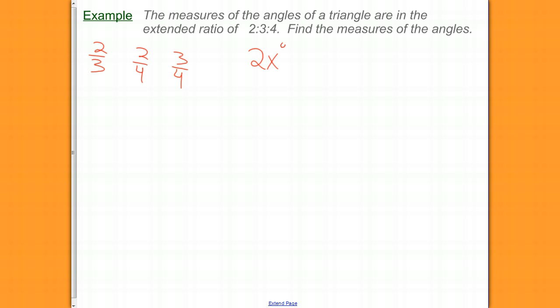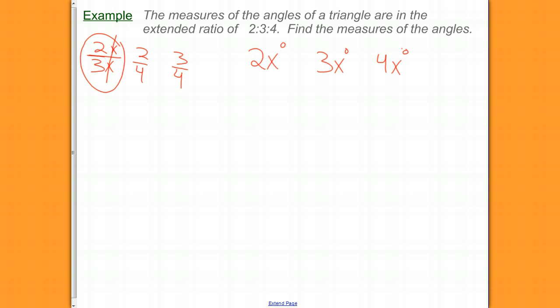So one angle was 2x, one angle was 3x, another angle was 4x, x being that common factor. If you look at this ratio, 2x over 3x, x is a common factor, it simplifies out, and we're just left with 2 over 3. So all we're doing is attaching that common factor of x.